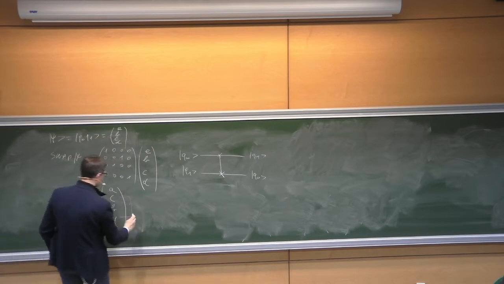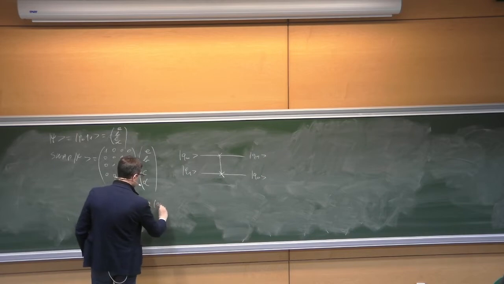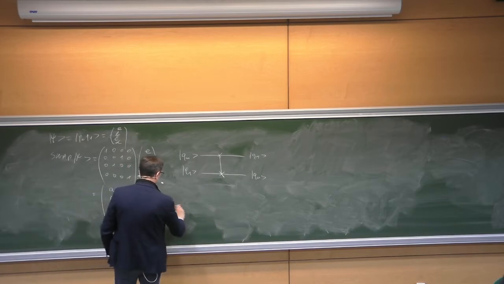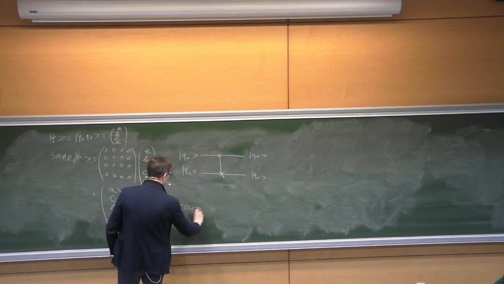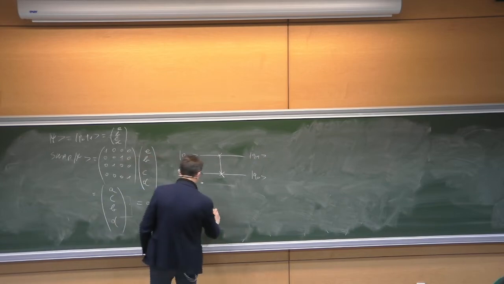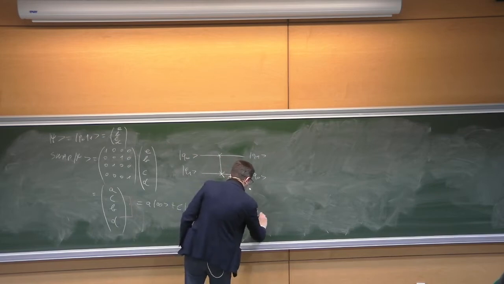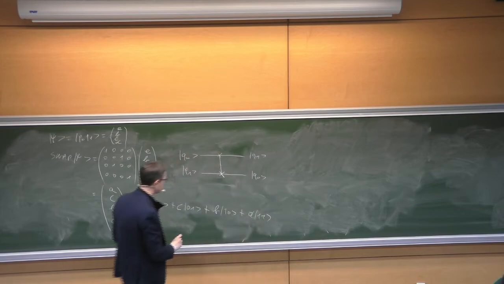And if I translate that, what I have is A|0,0> plus C|0,1> plus B|1,0> plus D|1,1>. Okay.